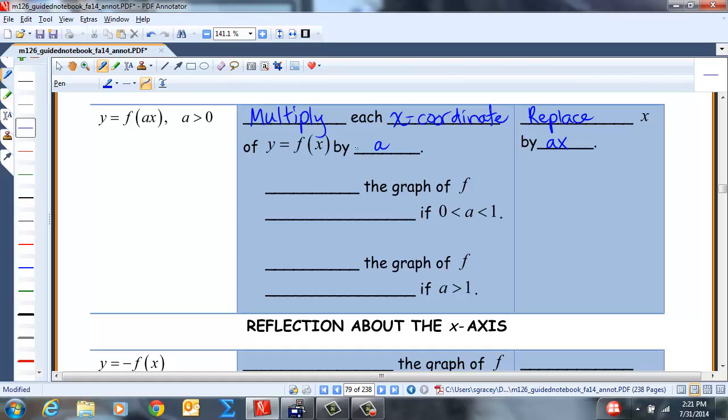You'd be multiplying each x coordinate by 1 over a, not just a. Okay? So here we go. You end up stretching the graph of f horizontally if a is between 0 and 1, and you compress the graph of f horizontally if a is greater than 1.